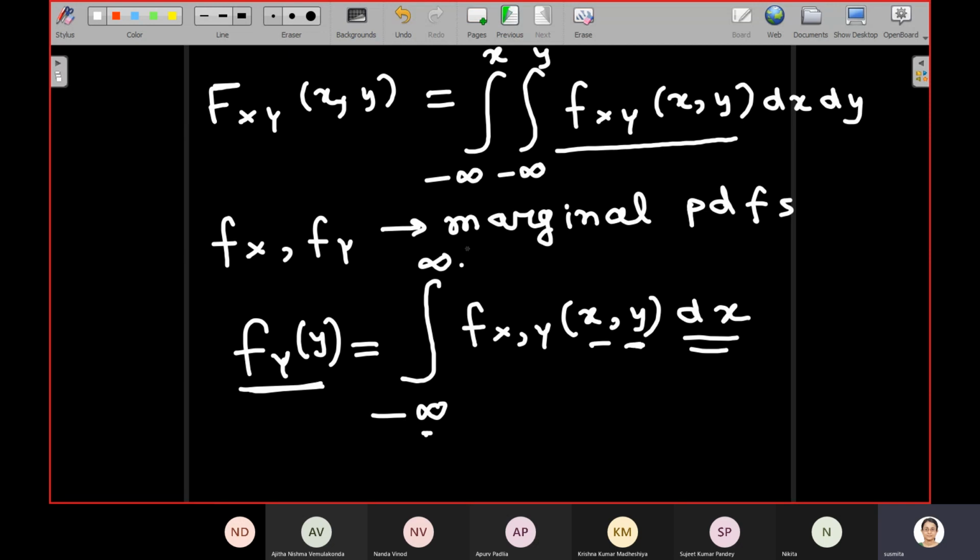So using the joint PDF, we get everything. We can get marginal PDFs, we can find the joint CDF, and since we have the PDF, we can also calculate other parameters. Note that the PDF holds all the information about the random variable.